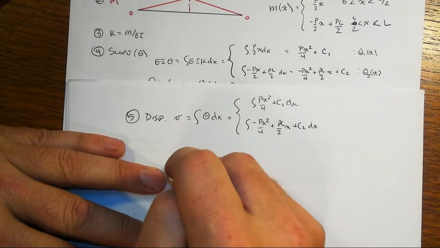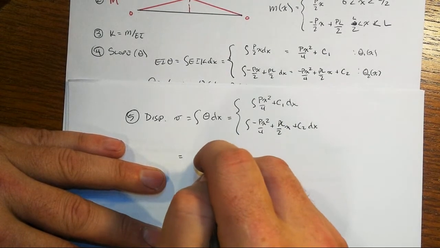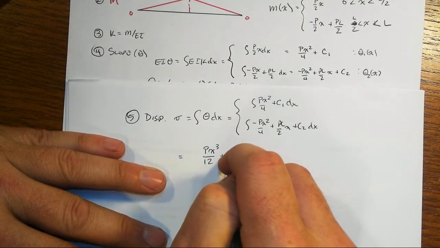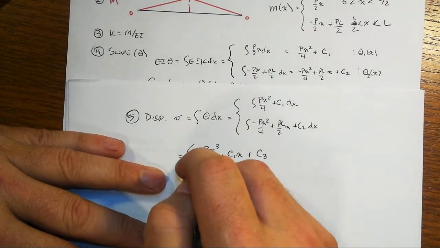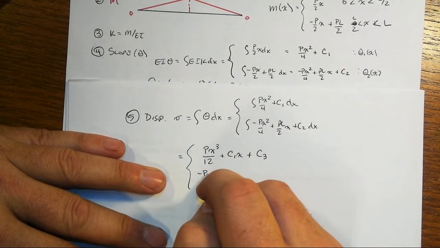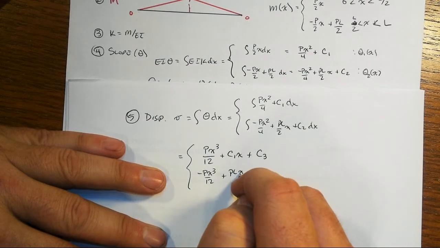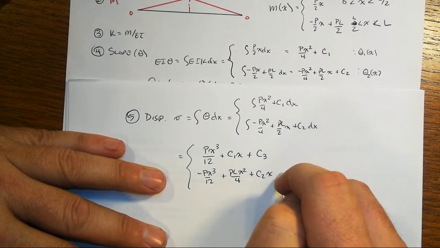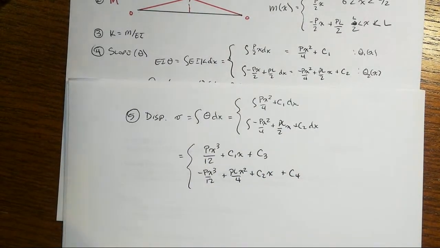Oh my gosh, what a pain this is. I keep saying that because it is. Alright, we got px cubed over 12 plus c1x plus c3. That's the first one. Second one is minus px cubed over 12 plus plx squared over 4 plus c2x plus c4.